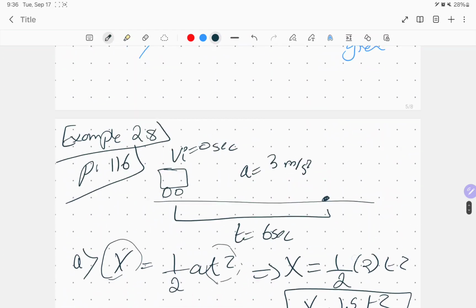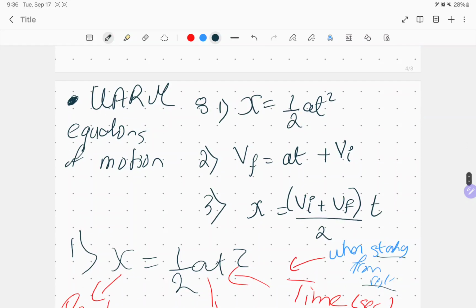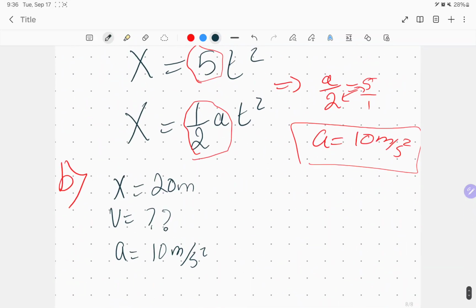Let's get back to our equations of motion. I have position, I have v final. All of them have time, but I don't have time. So let's get back. Velocity equal to at plus 0. V initial is 0. So velocity equal to 10t.